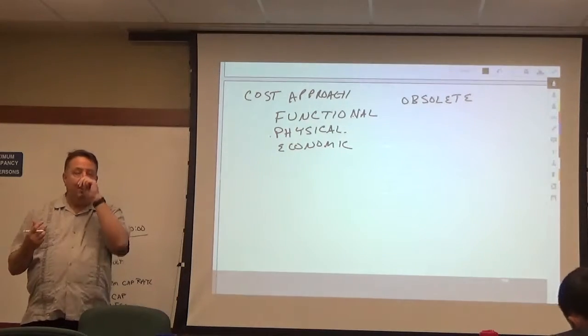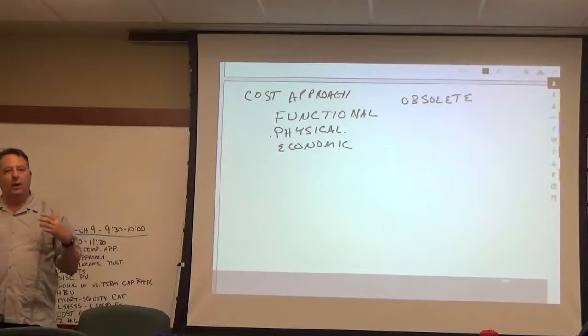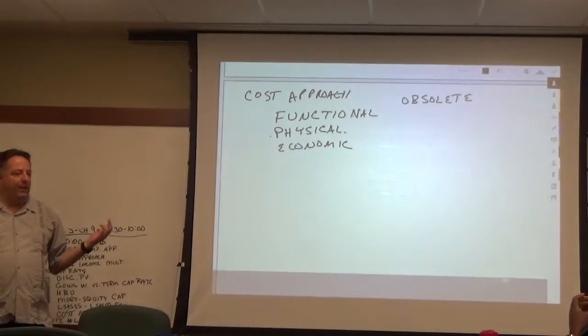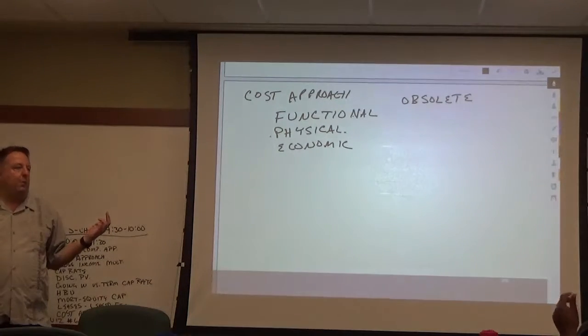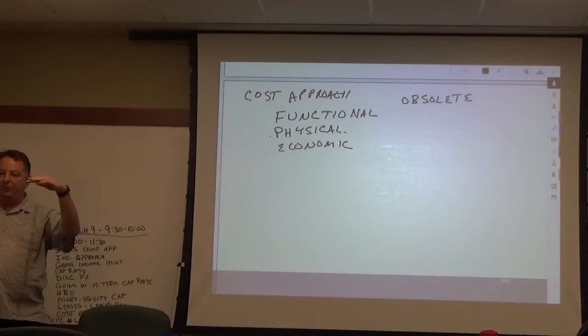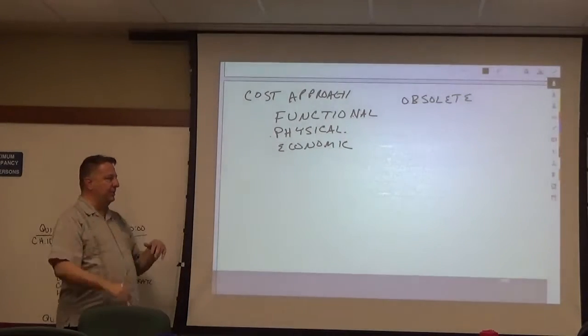It's potentially not as structurally sound as it once was, or certain aspects of it have deteriorated to the point you're going to have to replace them. So that's something you have to subtract from the overall value to get to the value of the subject property.